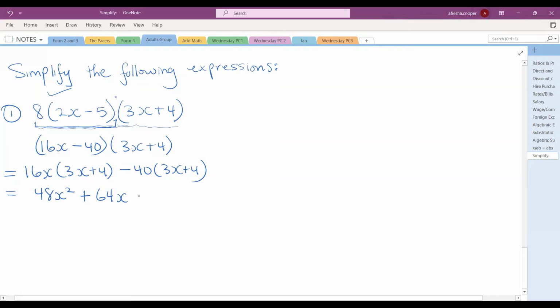Negative 40 by 3x, that is minus 120x. And then negative 40 by 4, that is negative 160, which will give me 48x squared, right, minus 56x minus 160.